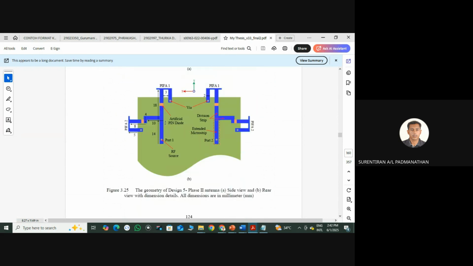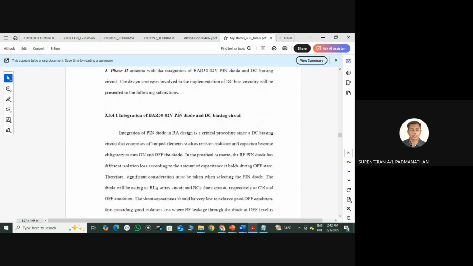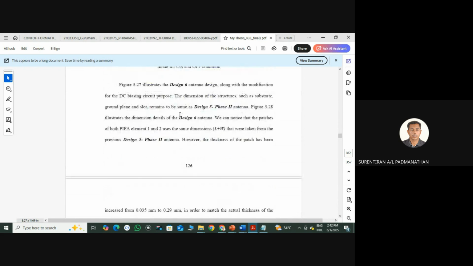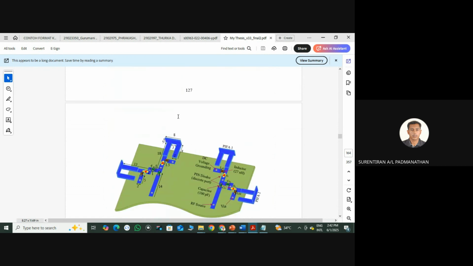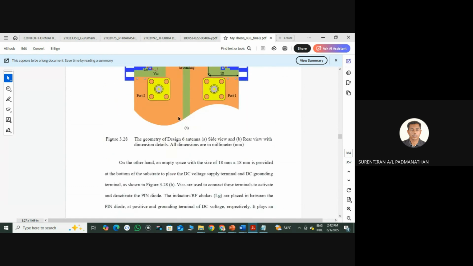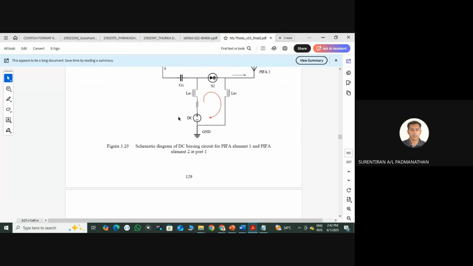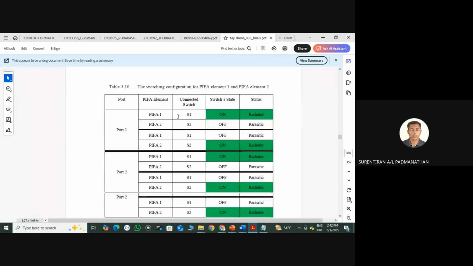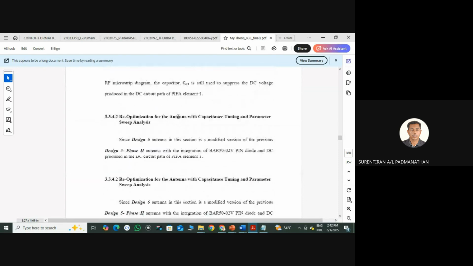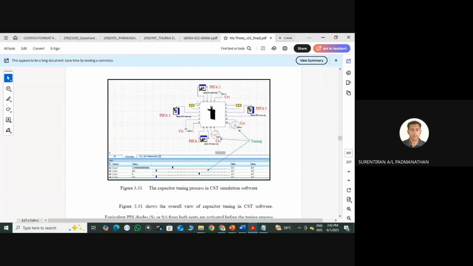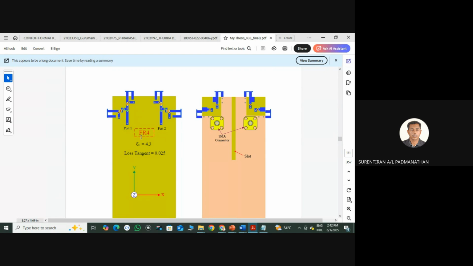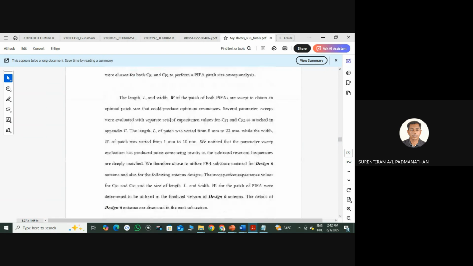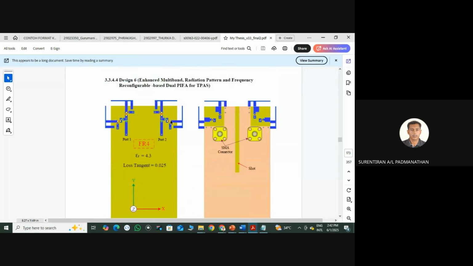Then after that, this is where the theory is proved. I need to explain in detail how it's actually working, because I was using some components. I need to explain everything in detail.